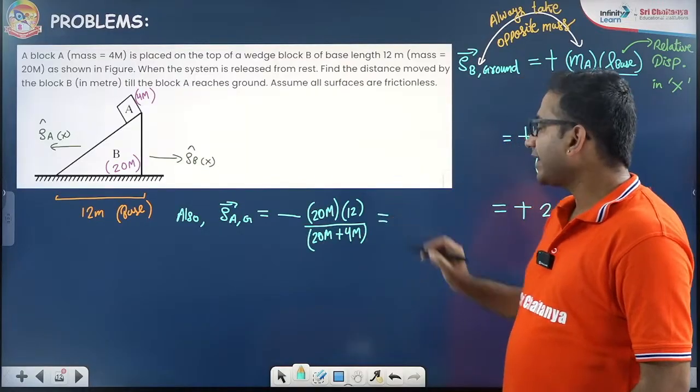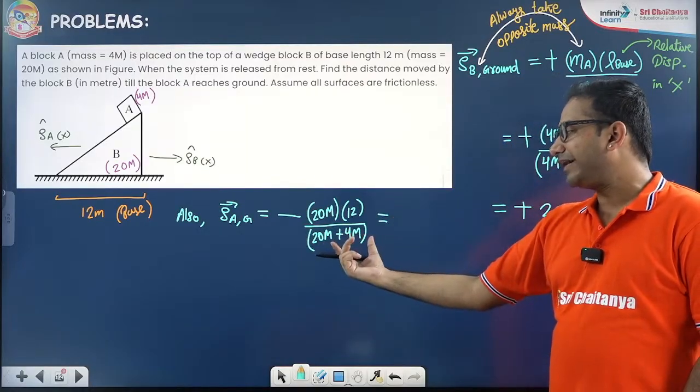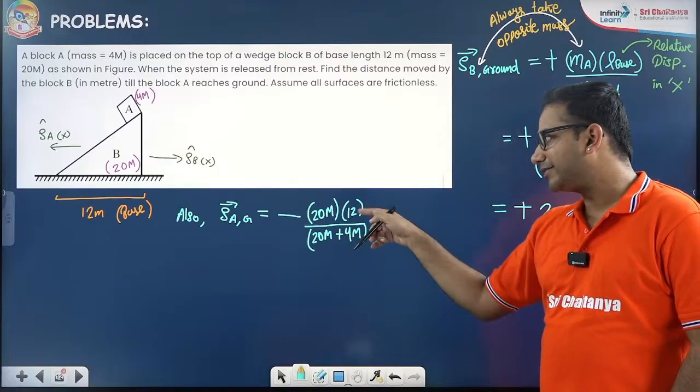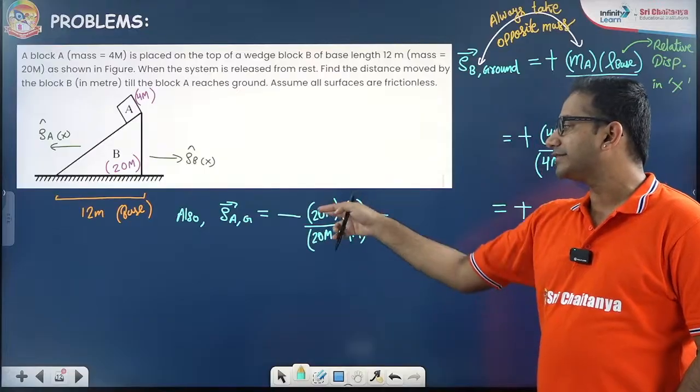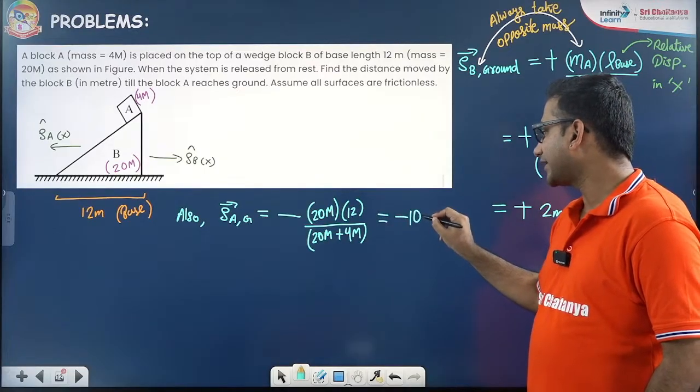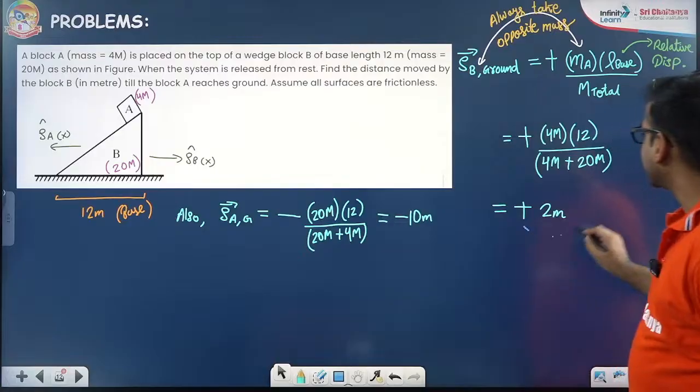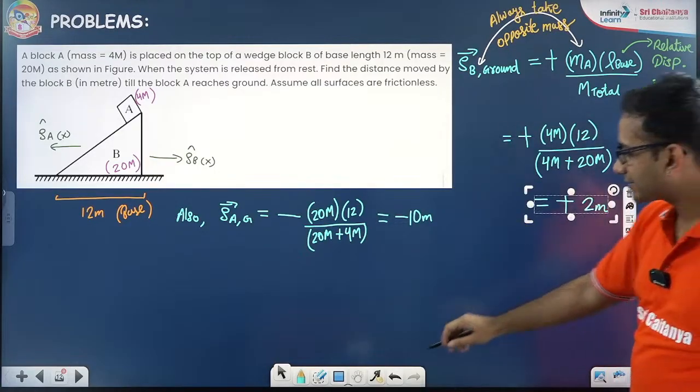So the denominator will have 24, and m gets cancelled. 12 will cancel 24 two times. 2 will cancel 20 ten times. So that is minus 10 meters. This is plus 2 meters and this is minus 10 meters.